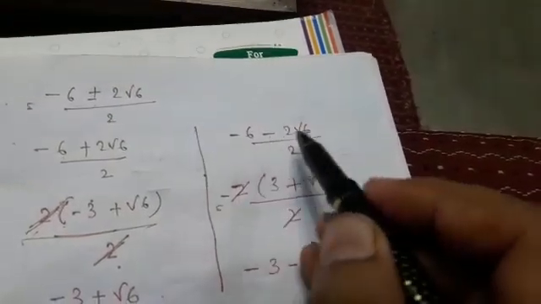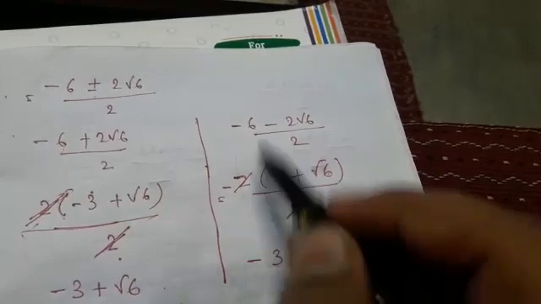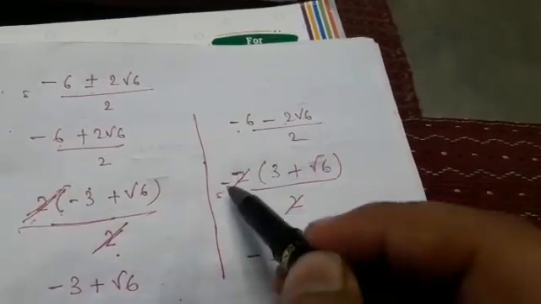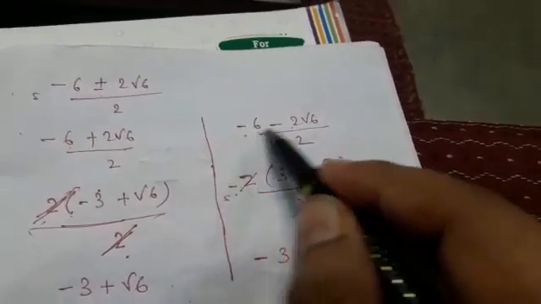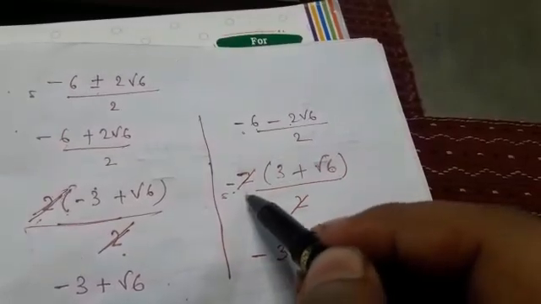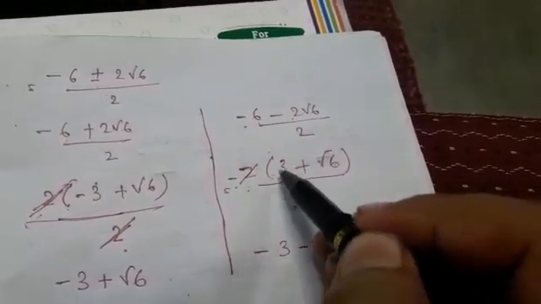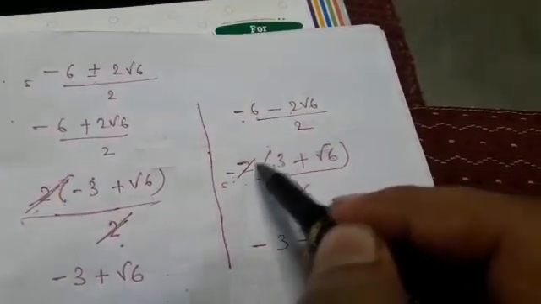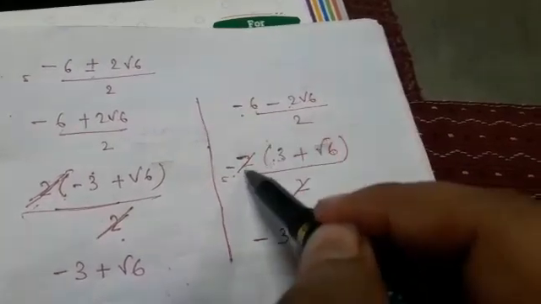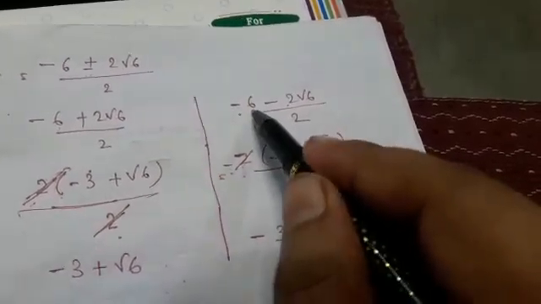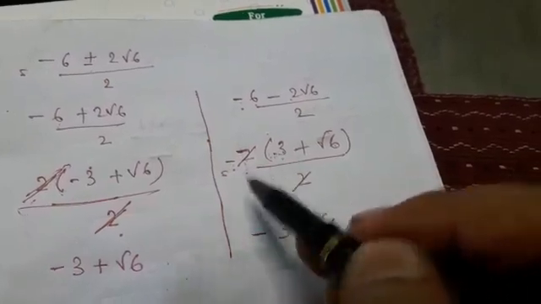Now see this is minus 6 minus 2 root 6. Again you can take minus 2 common because minus is present in both the terms, and 2 is also present in both the terms. So you are left with 3 here, because see, plus minus gives you how much? Minus, so minus is there. 3 2's gives you how much? 6, so 6 is there. So here we are having 3, okay?